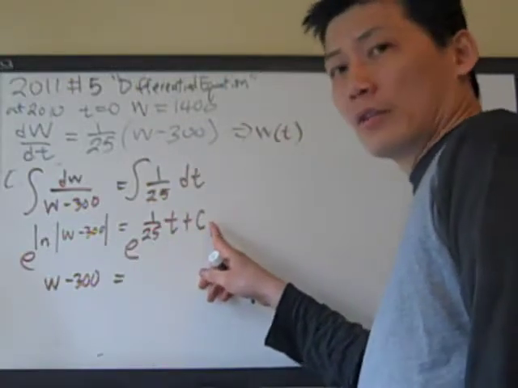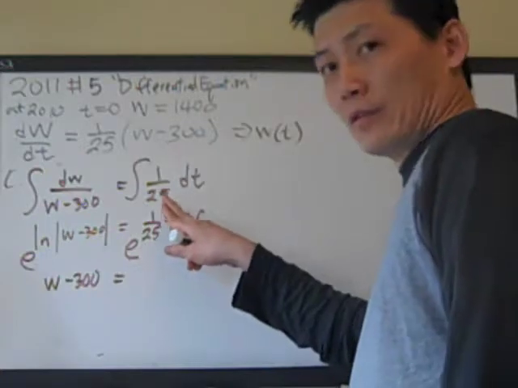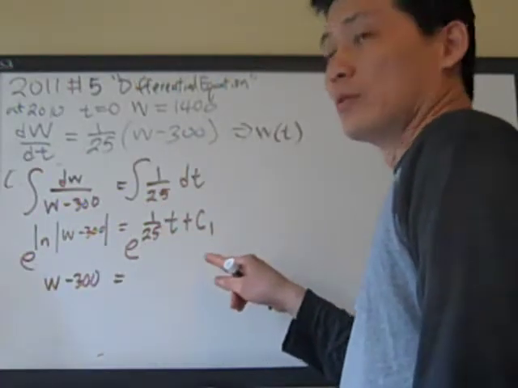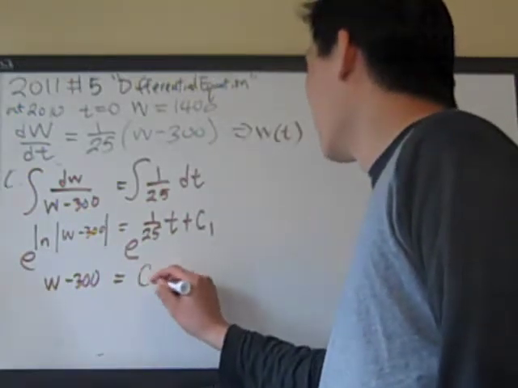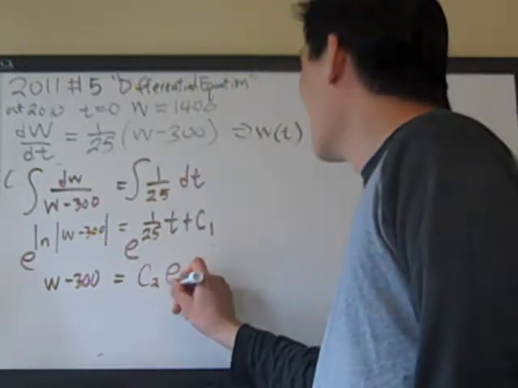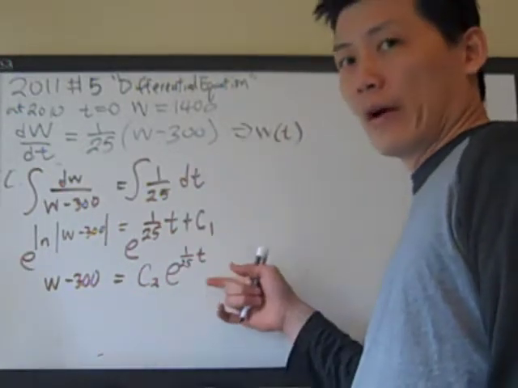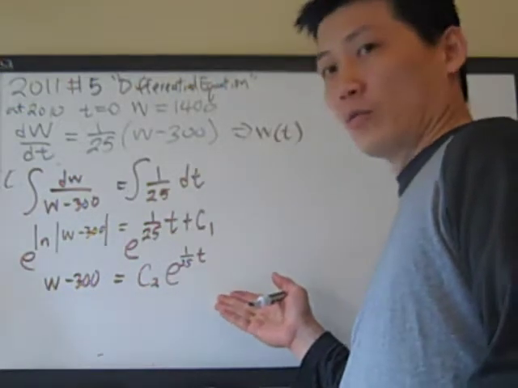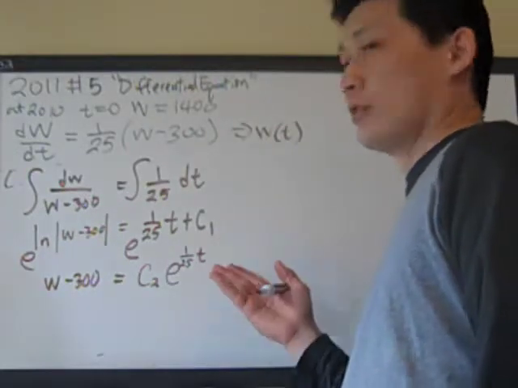The addition of the exponents makes it a multiplication of the bases. Now e^(c1) is just another constant, so I'll call it C2, giving C2 times e^(t/25). If you had trouble with this process, go back to your notes from chapter 7, I believe, when we went over differential equations.